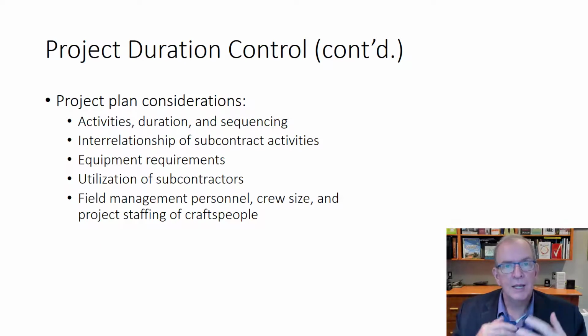And that's where we're getting that engagement with the subcontractors and key consultants and suppliers in the process so that we're squeezing out that efficiency and understanding, so we ensure the sequencing and the durations for the activities are as correct as possible. Equipment requirements, correctly utilizing the subcontractors, as I said, and the field management and personnel.